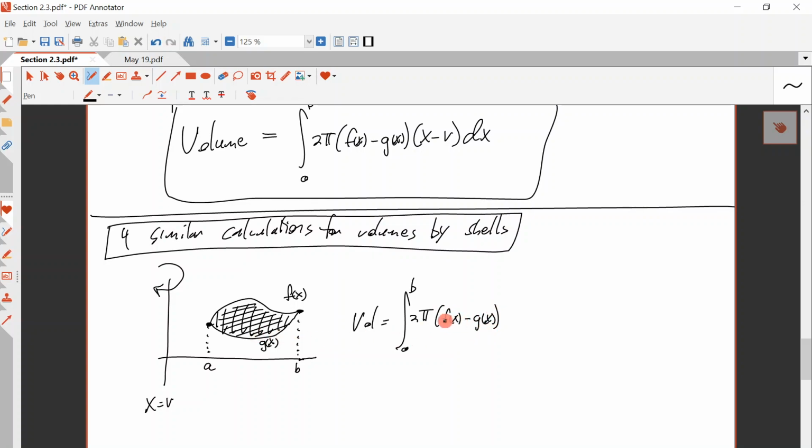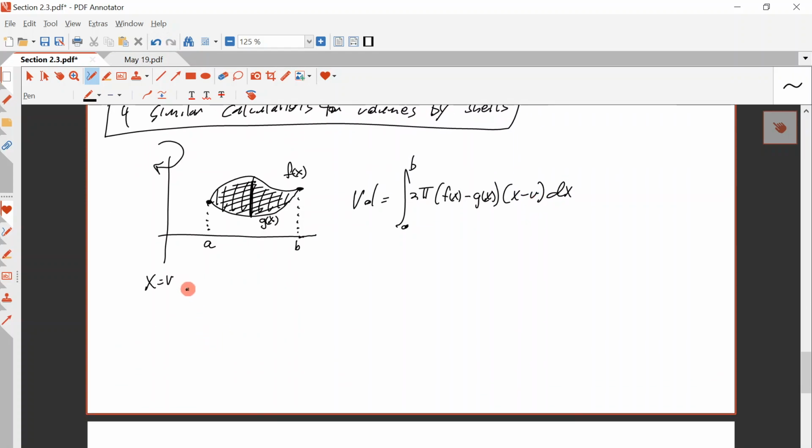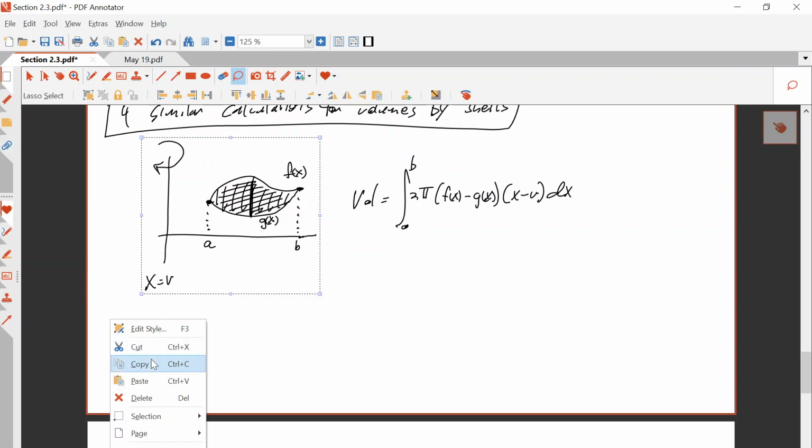So the height of the cylindrical shells is f minus g, top minus bottom. And x minus v is the radius of the shells going around the vertical axis, dx. It could be that the axis is to the right, in which case it's v minus x rather than x minus v.